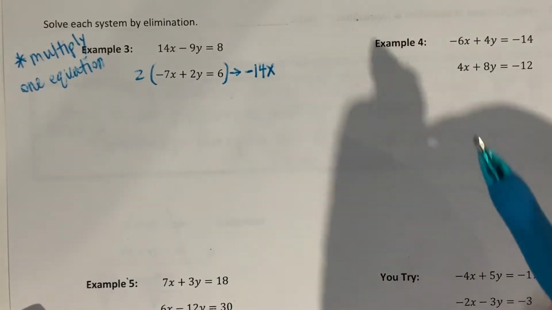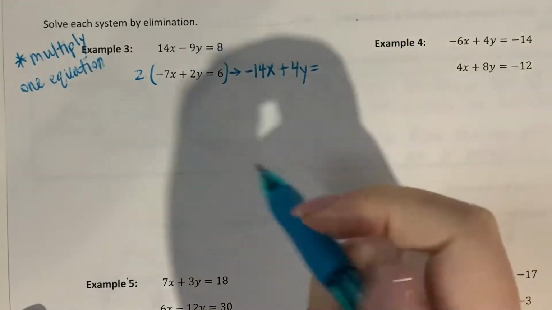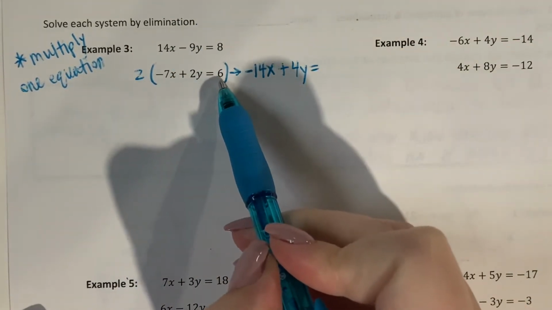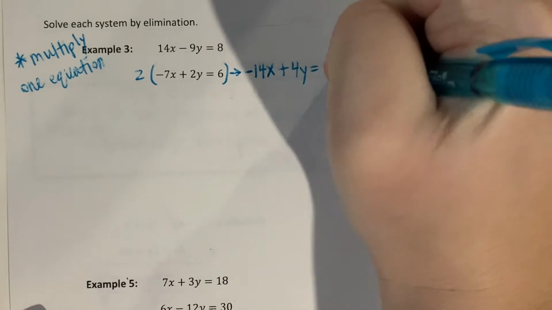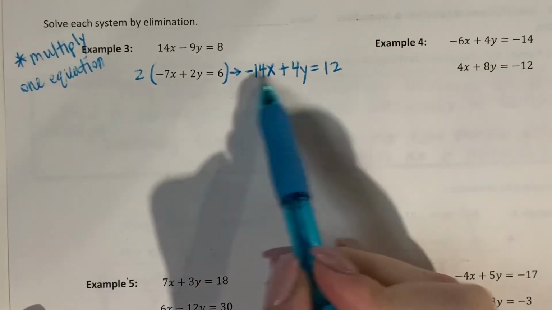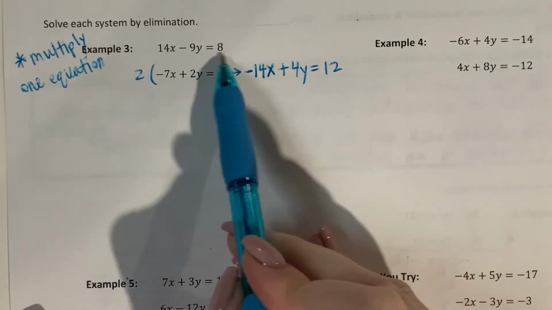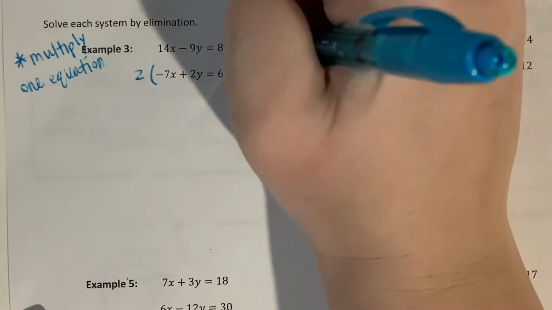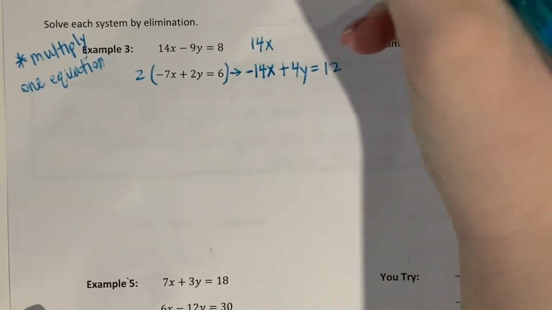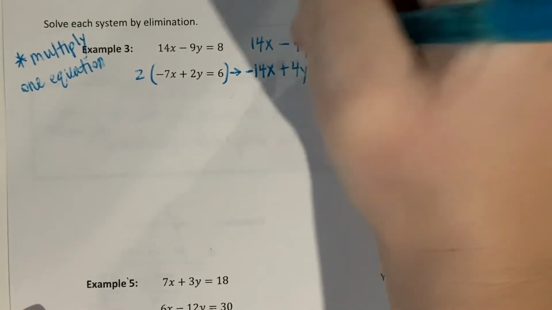So I also need to do 2 times 2y to get 4y. And don't forget to multiply the 2 by your constant term. 2 times 6 gives us 12. So I multiplied all 3 terms of the equation by 2. And so here's my newly written equation. And then my top equation can stay exactly the same. So I'm just going to rewrite that so that I have it aligned. 14x minus 9y equals 8.